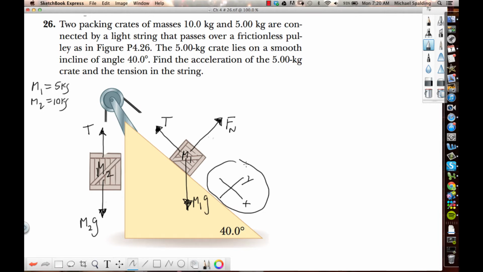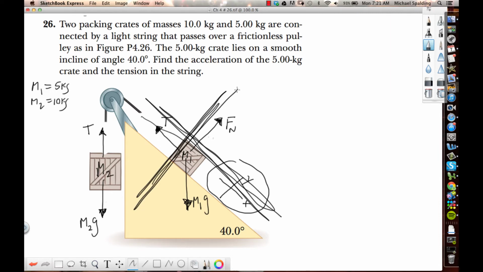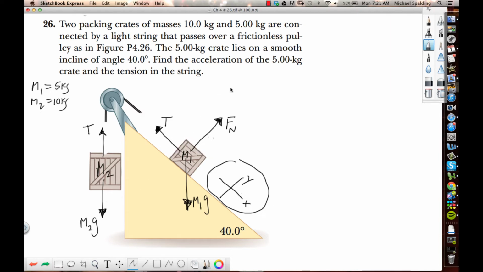The reason we do that is that M1 is going to accelerate along the incline, so the acceleration is perfectly x. And then our y acceleration will be 0. That's the reason we tilt the xy.